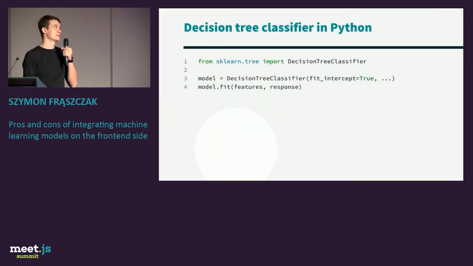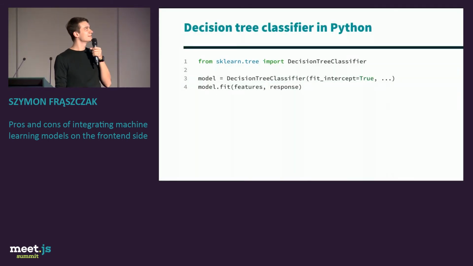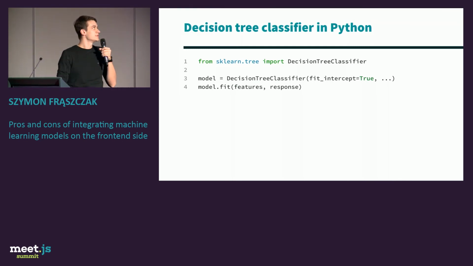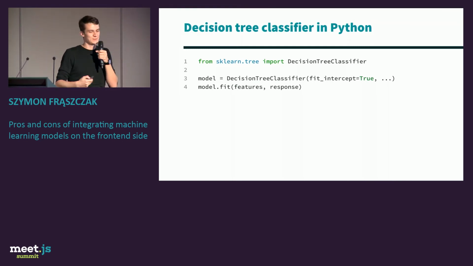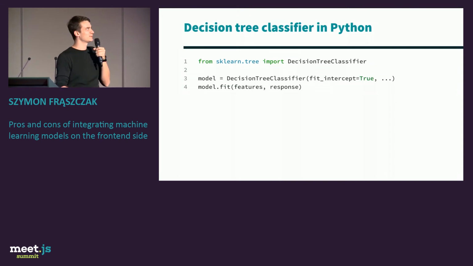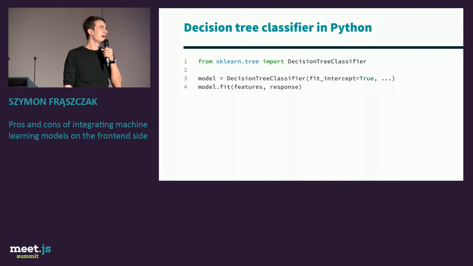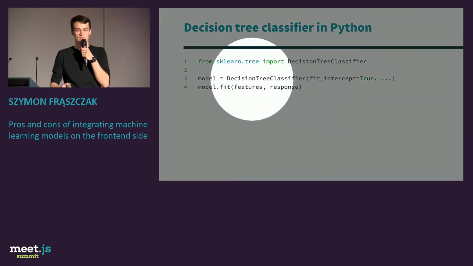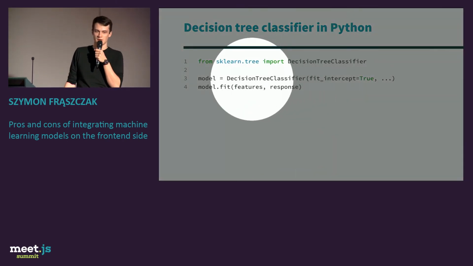And let's jump to the code, Python again. Here we can see the code which is responsible for creating the decision tree classifier. And again, we are using the fit method, with our features and response variable.